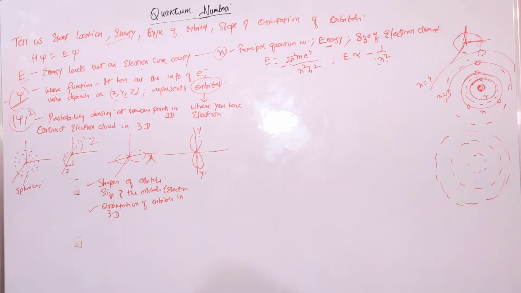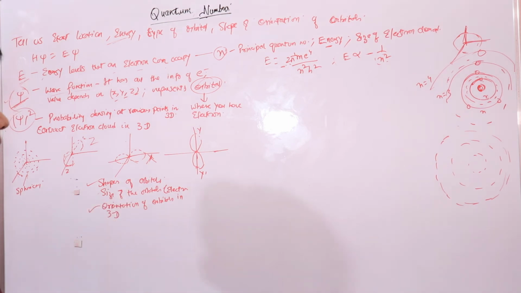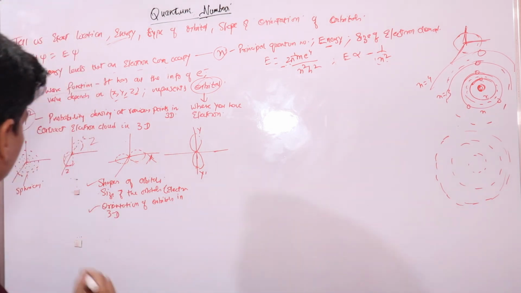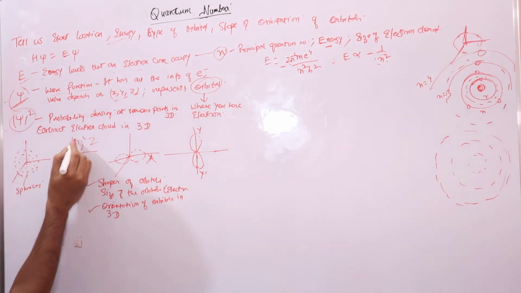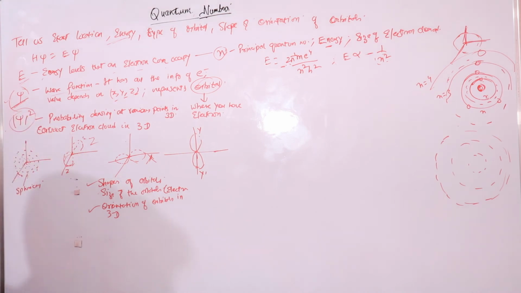And here I said that the shapes of the orbitals, these are the shapes of the orbitals which we constructed using the value of psi and psi square.